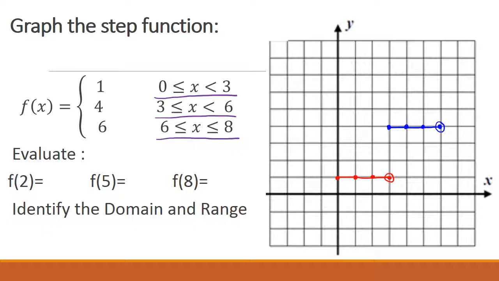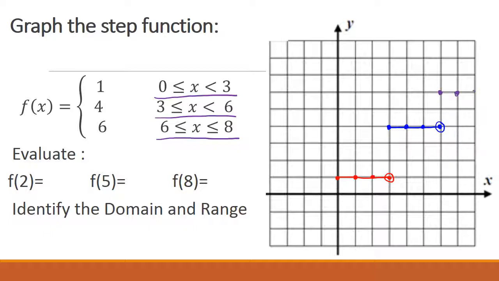Now, to graph the last piece of the function, I'm going to start with x equals 6. And f of x for every single x between 6 and 8, including 6 and 8, is 6. If I start at x equals 6, the y value is 6. X equals 7, the y value is 6.